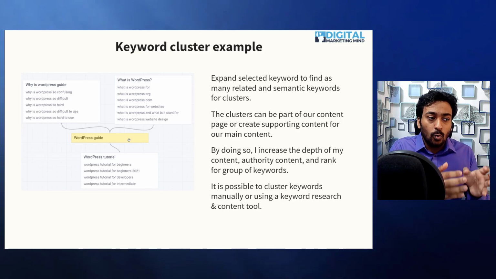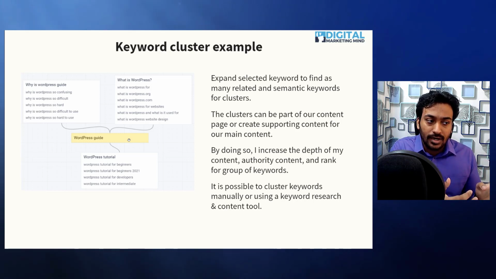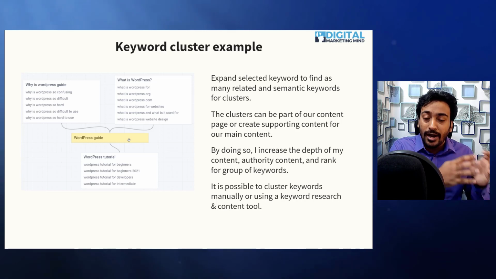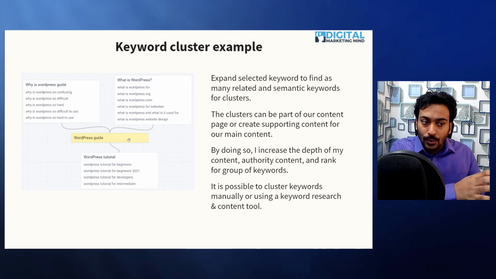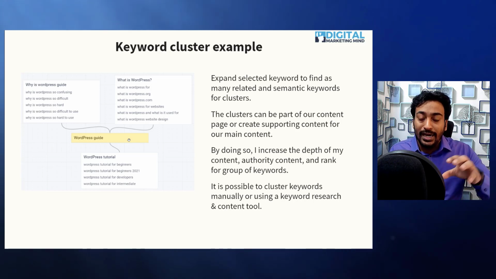And another keyword like why is WordPress guide can group different keywords or different content ideas, such as why is WordPress so confusing, why WordPress is so difficult, why WordPress is so odd, and you can understand the intent behind that group. And if we look into another group, which is WordPress tutorial, we get different keyword ideas or subtopics for that core topic, such as WordPress tutorial for beginner, WordPress tutorial for beginner 2021, WordPress tutorial for developers, WordPress tutorial for intermediate users.